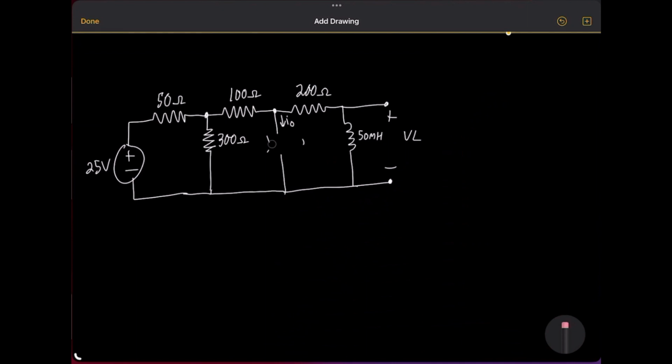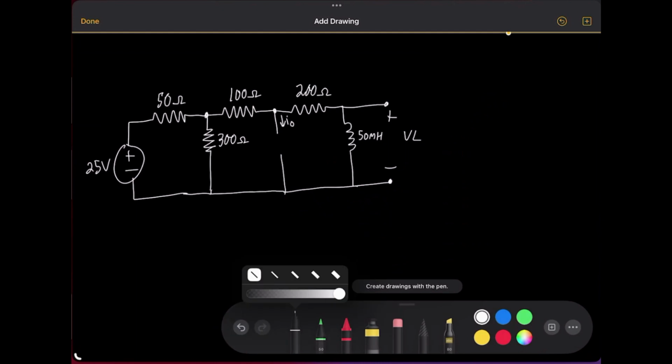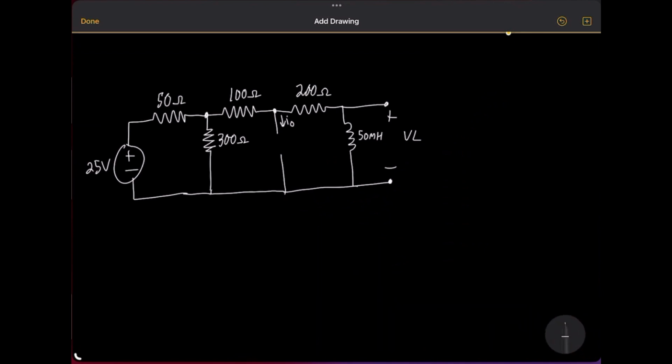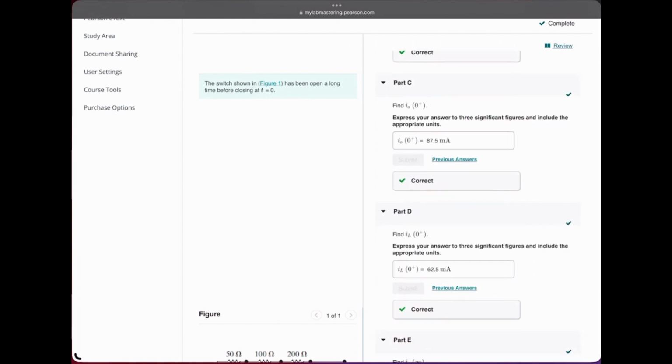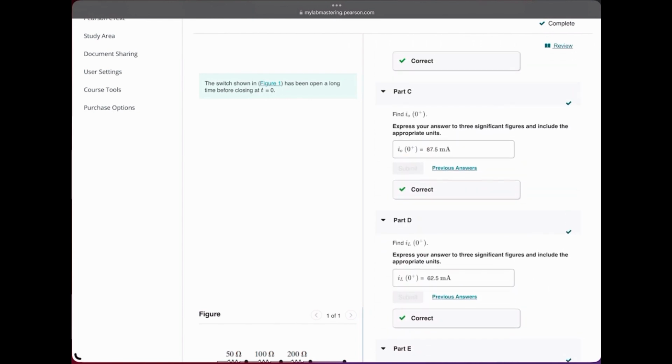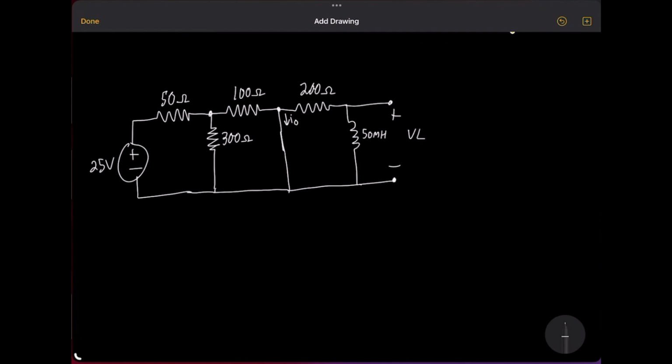Let's figure out what I naught is for the right of 0. And it asks that right here. It's your part C. We'll explain that. I'll explain this with a drawing.